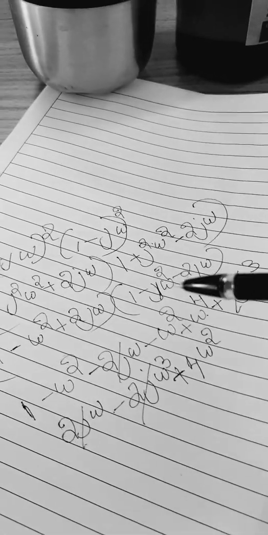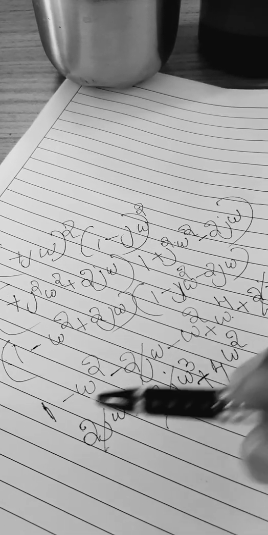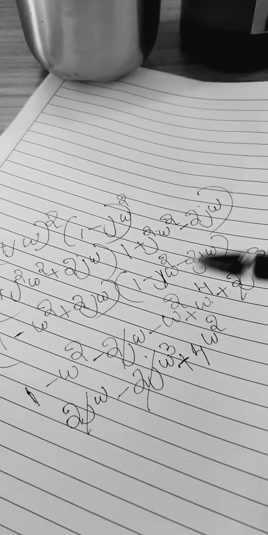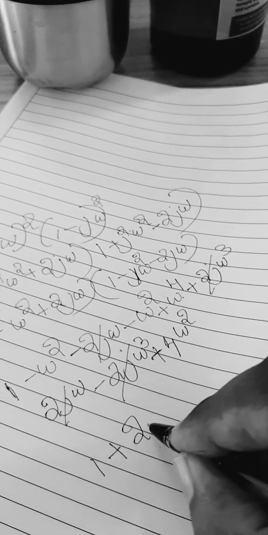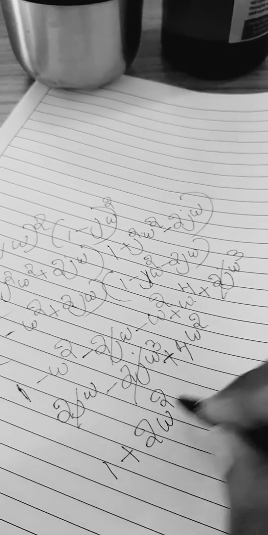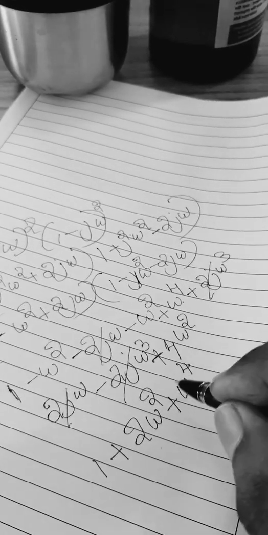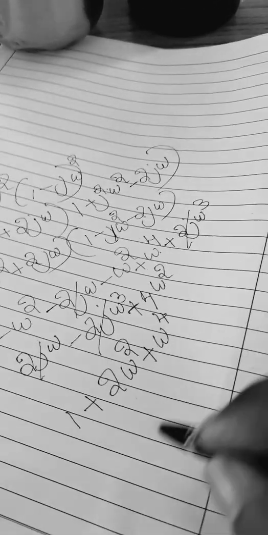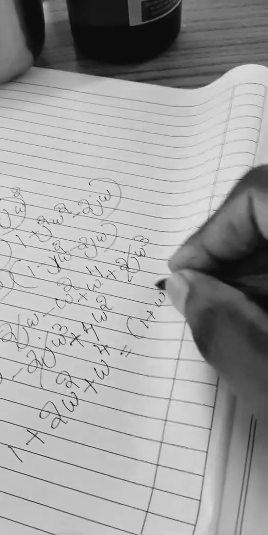So 1 − ω² − ω² plus 2ω², you are getting 1 + 2ω² + ω⁴. So this is nothing but (1 + ω²)².